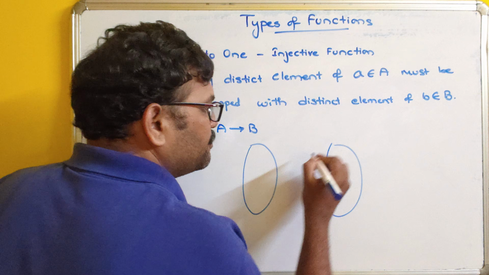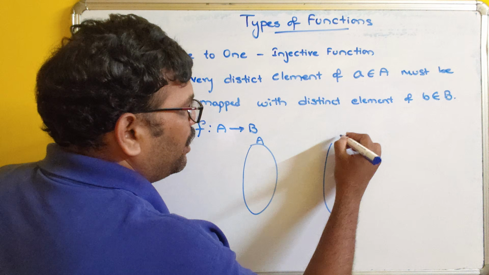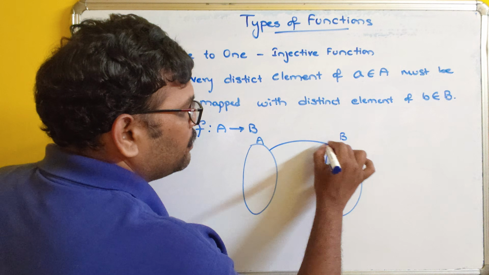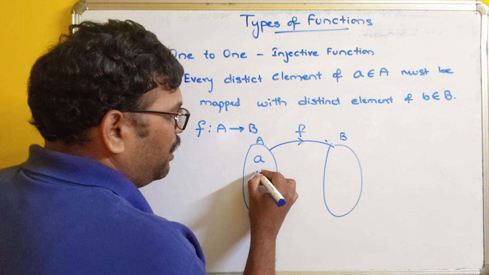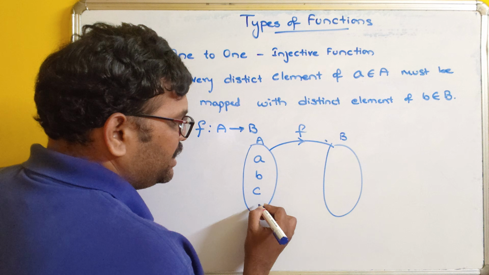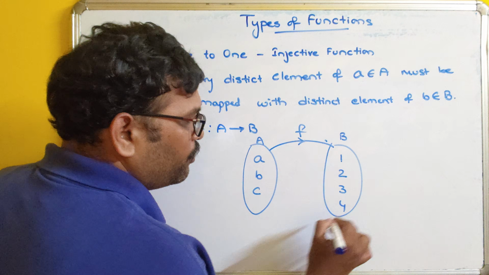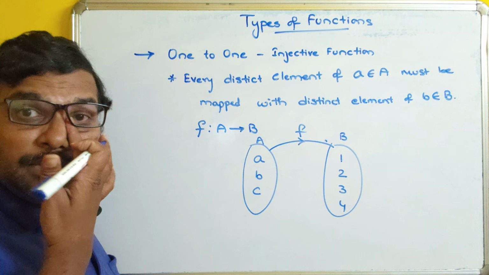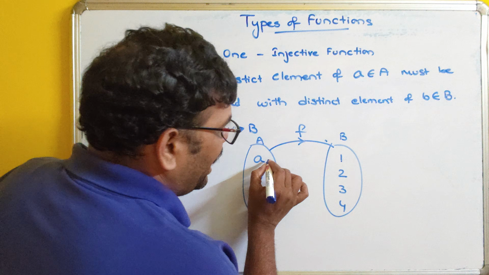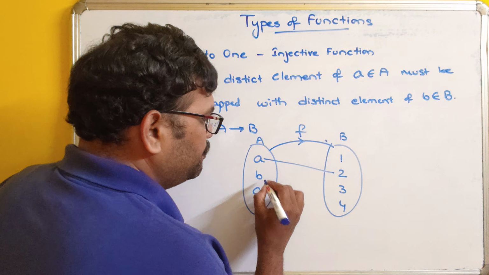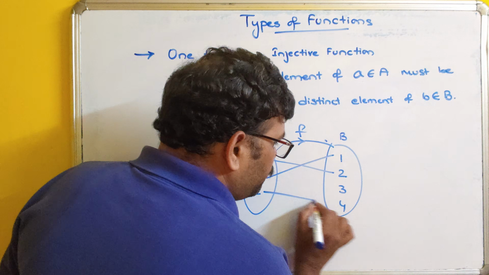Take two sets, A and B, with some function applied here. We are having a, b, c and 1, 2, 3 and 4. Let us take 3 elements in set A and 4 elements in set B. So a is mapped to 2, b is mapped to 1 and c is mapped to 4.